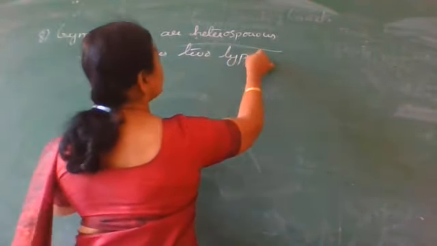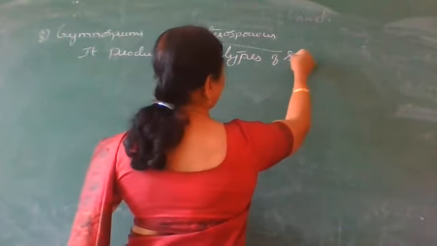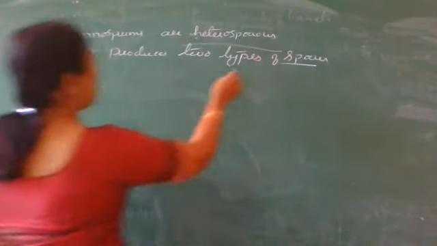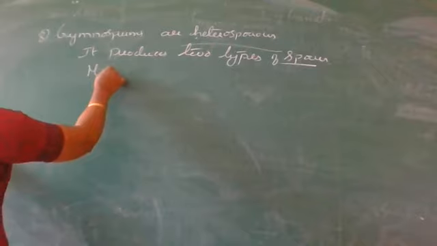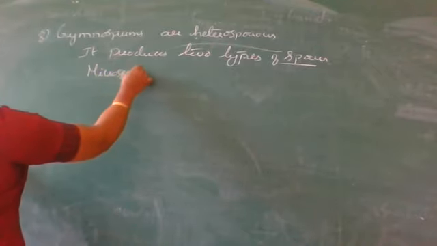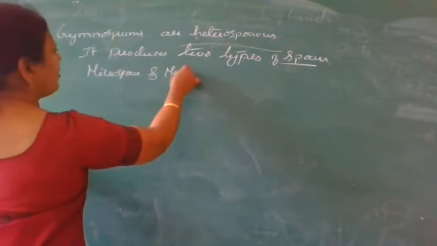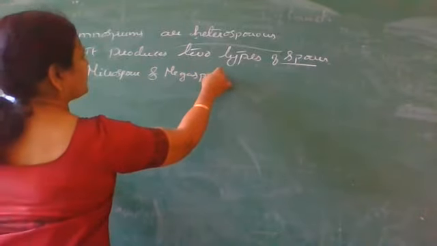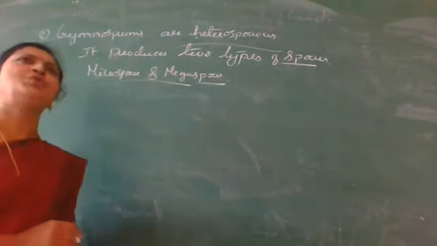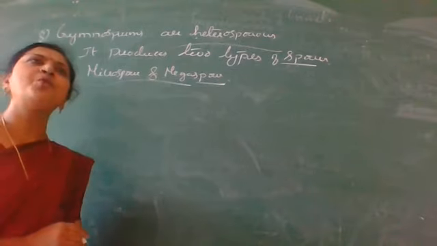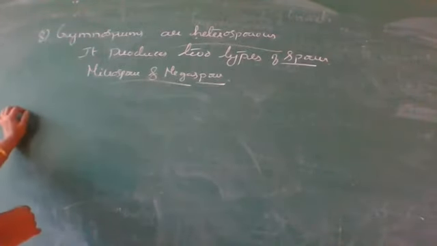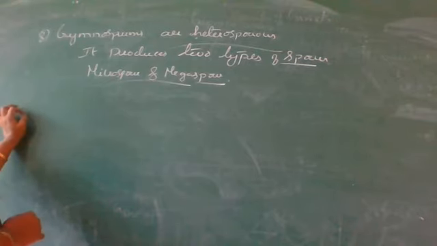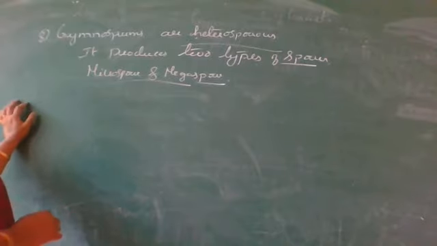How many types? Two types of spores. One is called microspore and another one is called megaspore. Because of the presence of two dissimilar types of spores, that condition is called heterospory. So here it produces both types of spores, microspores as well as megaspores.